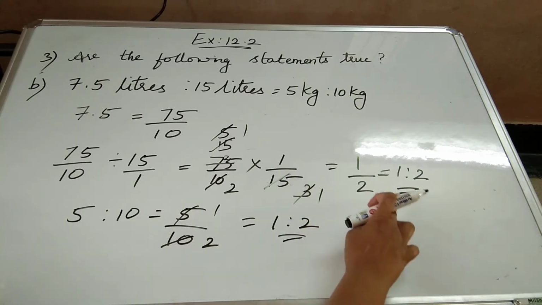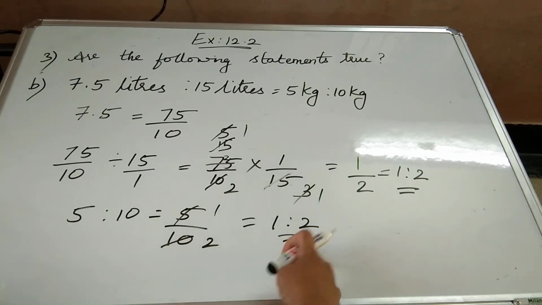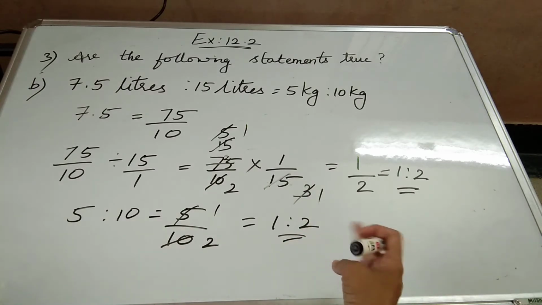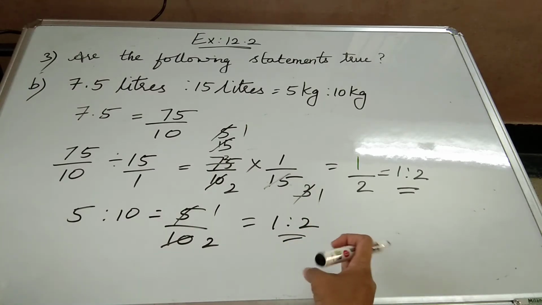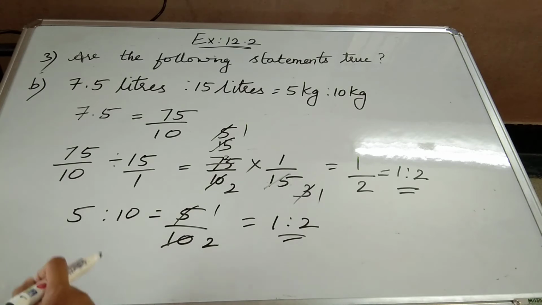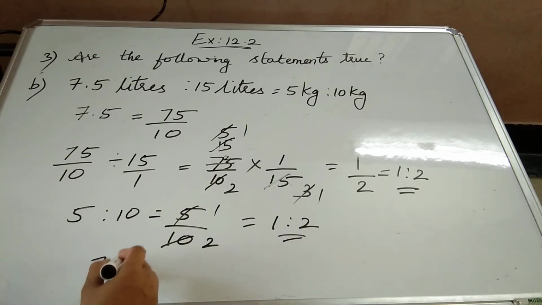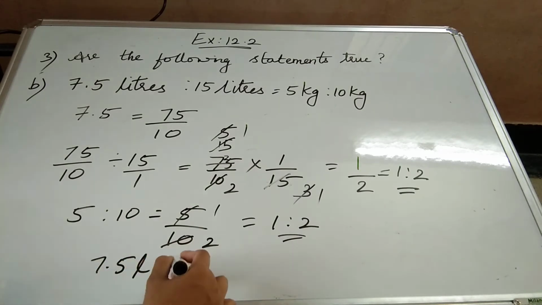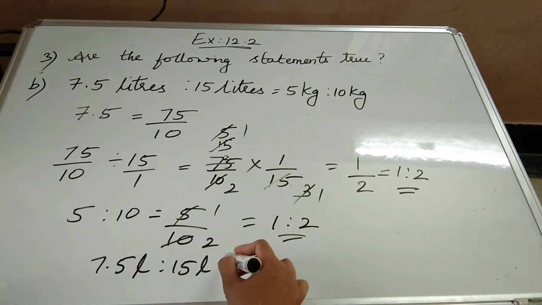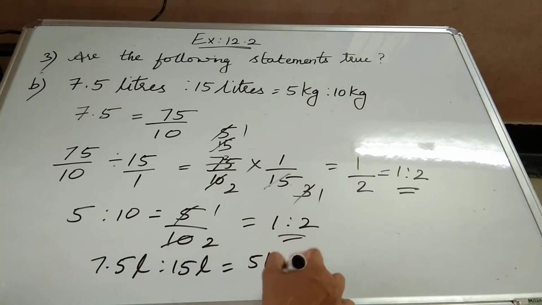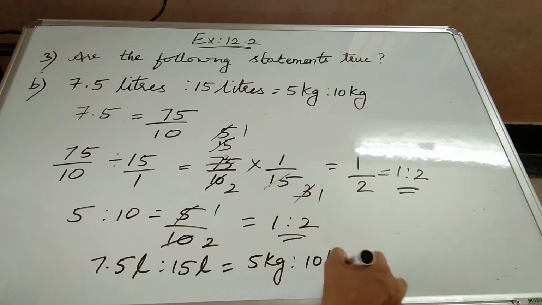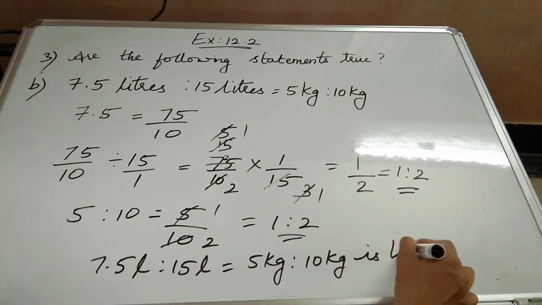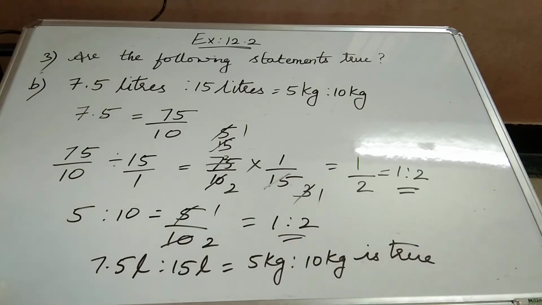So now 1 is to 2 and 1 is to 2. Are the following statements true? They are equal. Yes, the given statement is true. So you will write 7.5 liters is to 15 liters is equal to 5 kilogram is to 10 kilogram; this given statement is true. Clear, children?